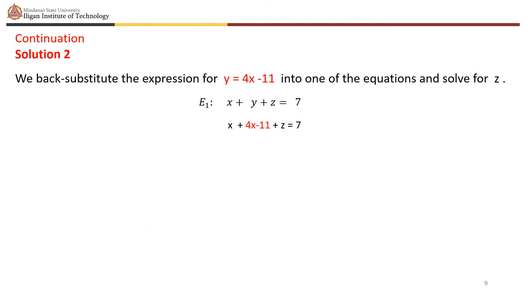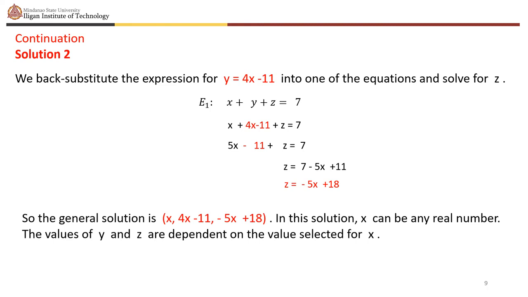So simplifying further, we have 5x minus 11 plus z is equal to 7. And that would be z is now equal to 7 minus 5x plus 11, which will give us z equals negative 5x plus 18. So the general solution is given by x, then our y is 4x minus 11, and z is negative 5x plus 18.